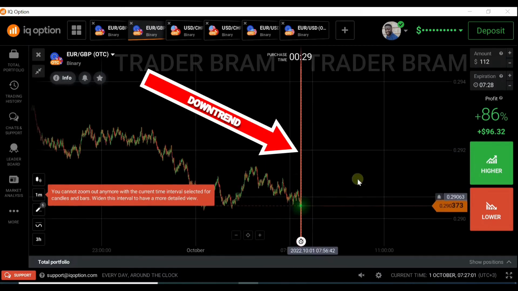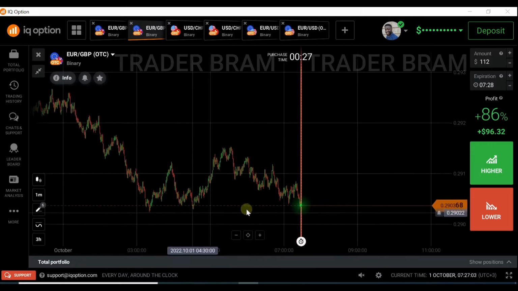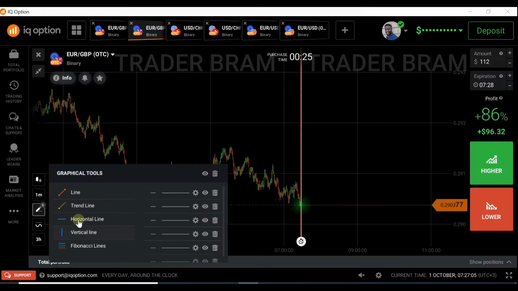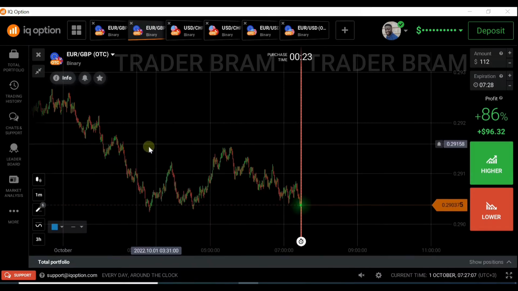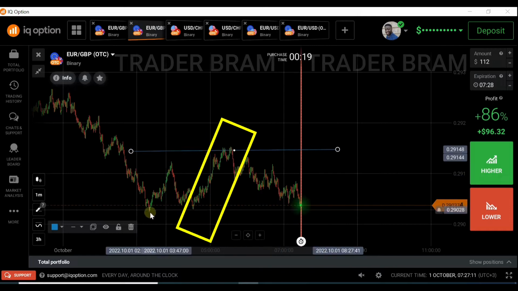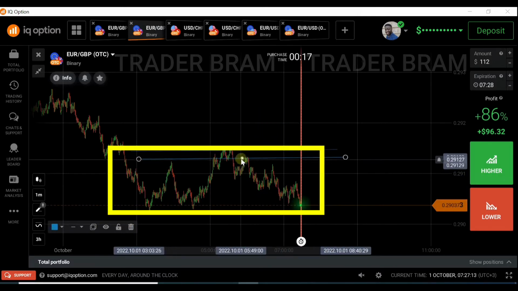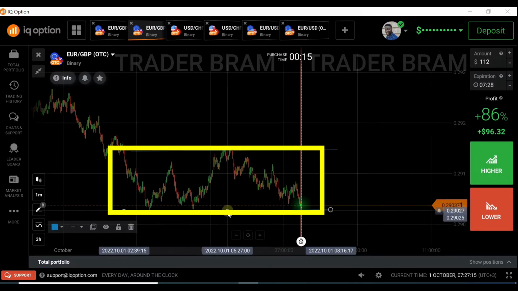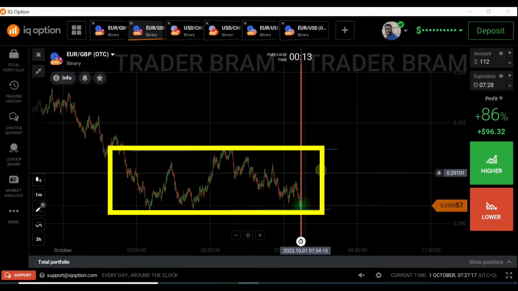So generally the market is in a downtrend. It has been ranging in between this level. So the market has been ranging in between these areas. So this is our range. If we break below this range, we can take our trade.